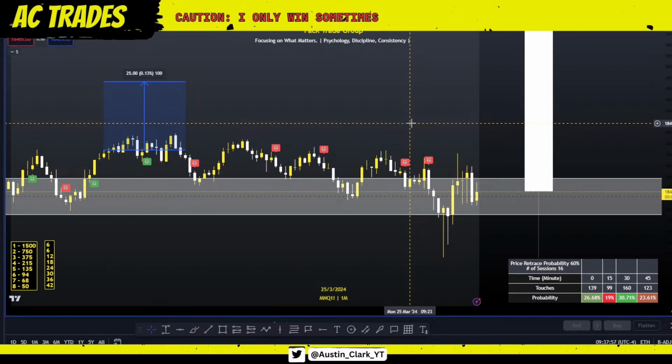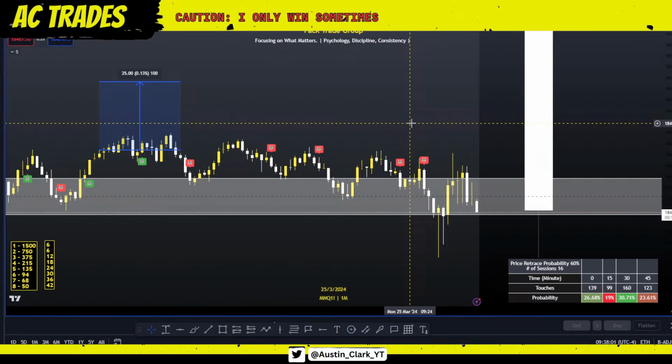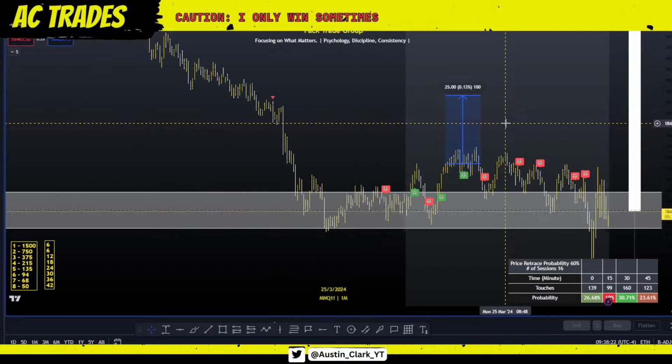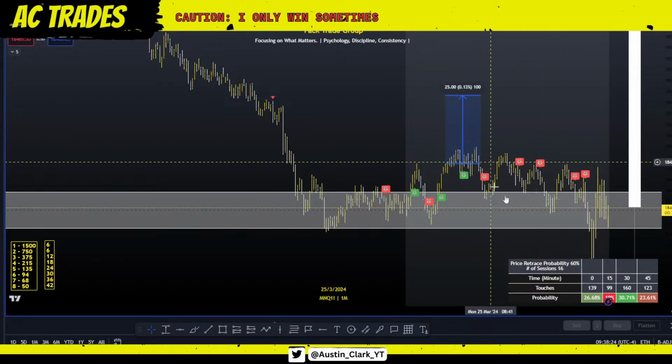But it's below the average, which is around 50 points, so I shoot for below that because it has a higher probability.